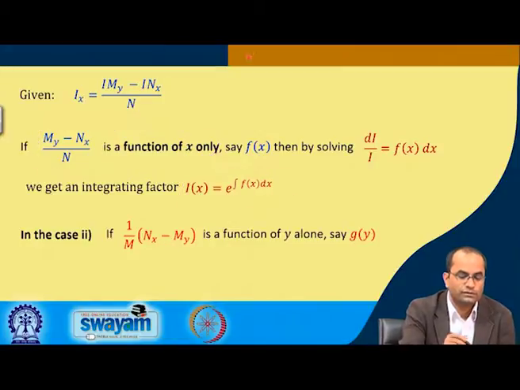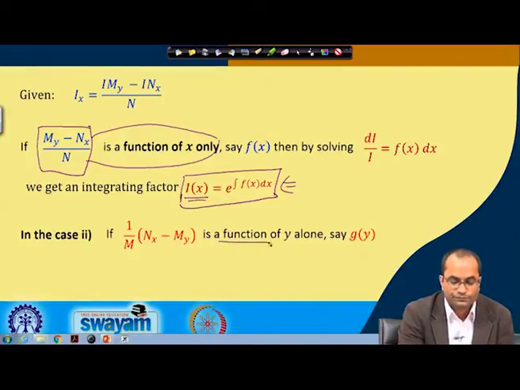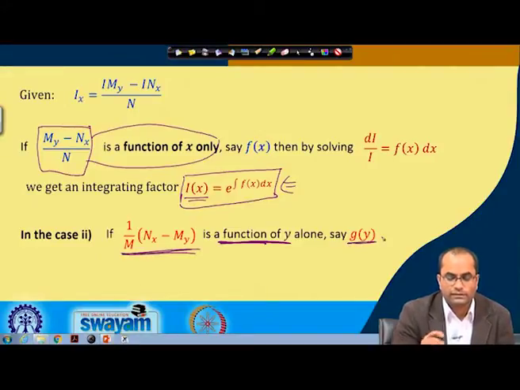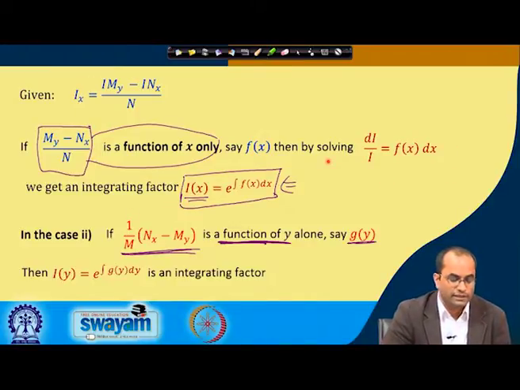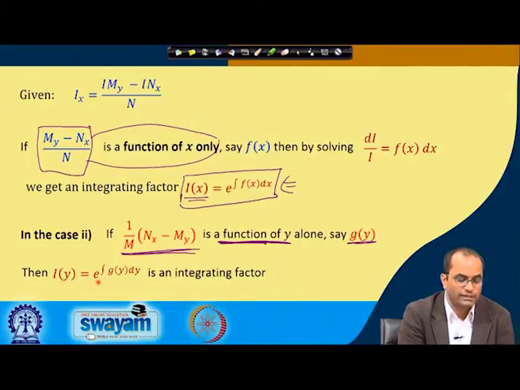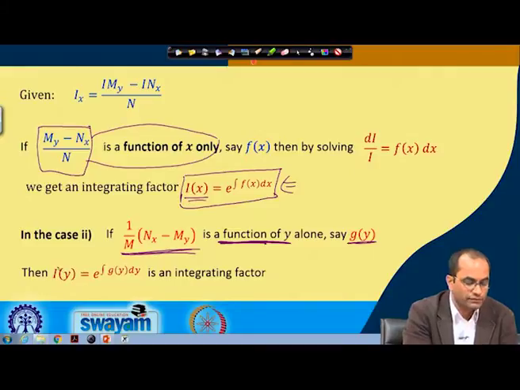So, if it is a function of y alone, and we say this is g(y), then we can solve this ordinary differential equation again and get I(y) equal to e to the power integral g(y) dy as the integrating factor.